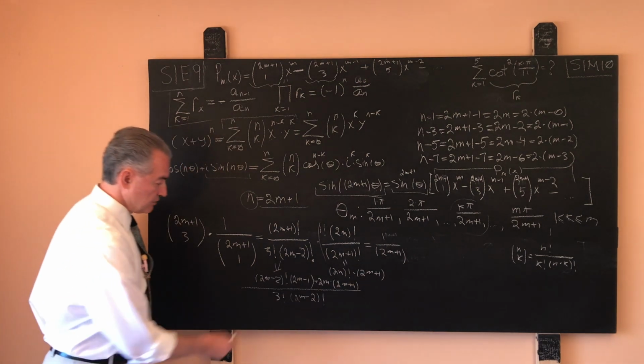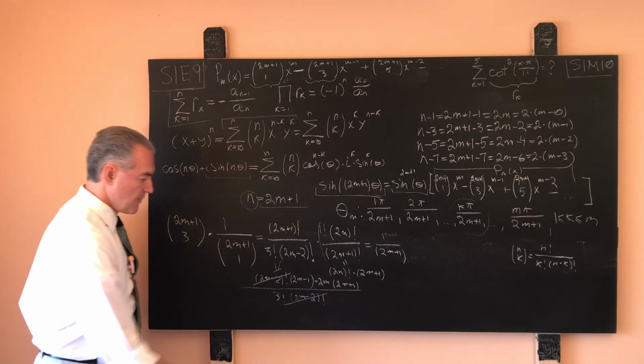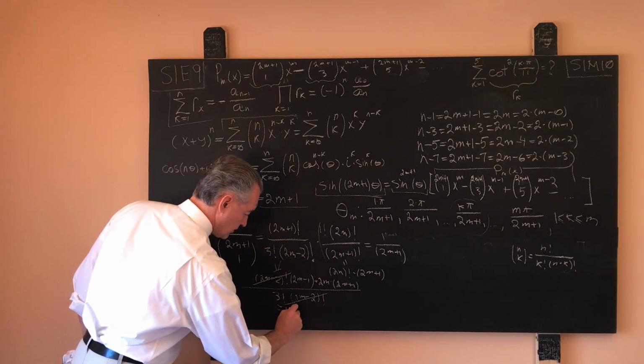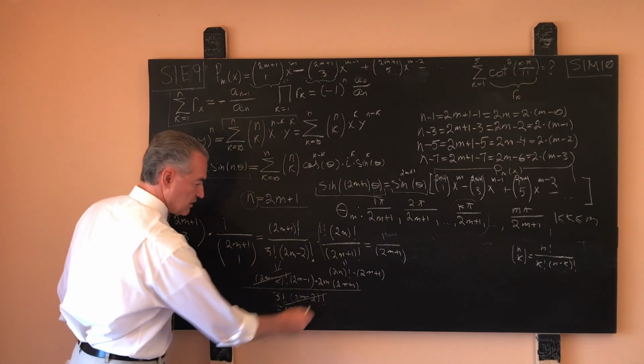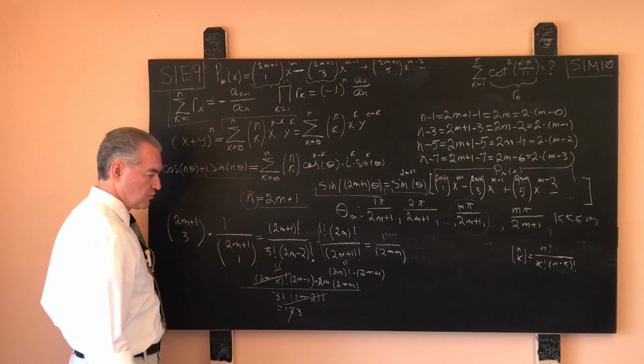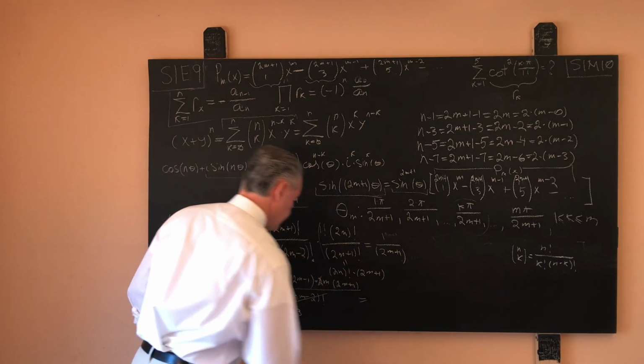What do we see here? Well, this guy and this guy, these factorials cancel out. 3 factorial is what? 1 times 2 times 3. These two and these two cancel each other out. And what do we have here as the survivors?